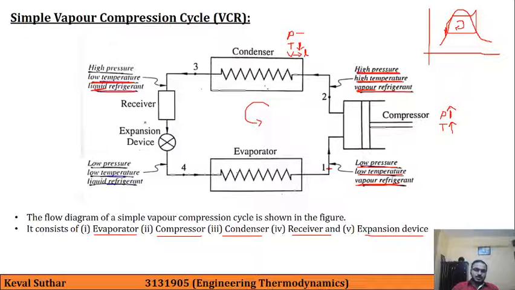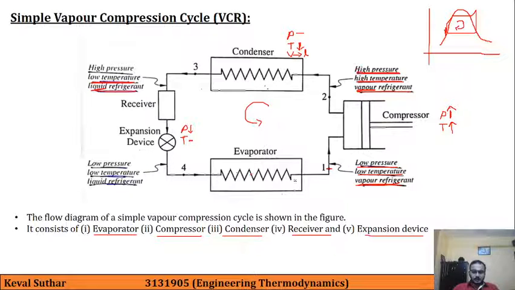So here in expansion the pressure will reduce, because expansion is ultimately a pressure reducing process. The temperature is low here, so it will remain the same, and it will remain liquid.